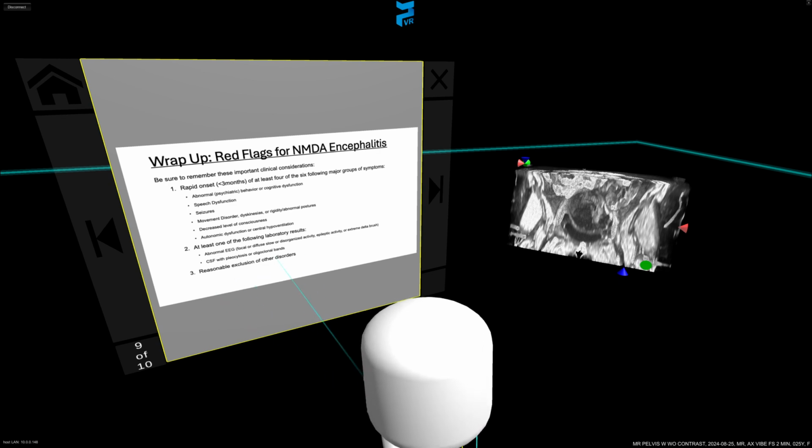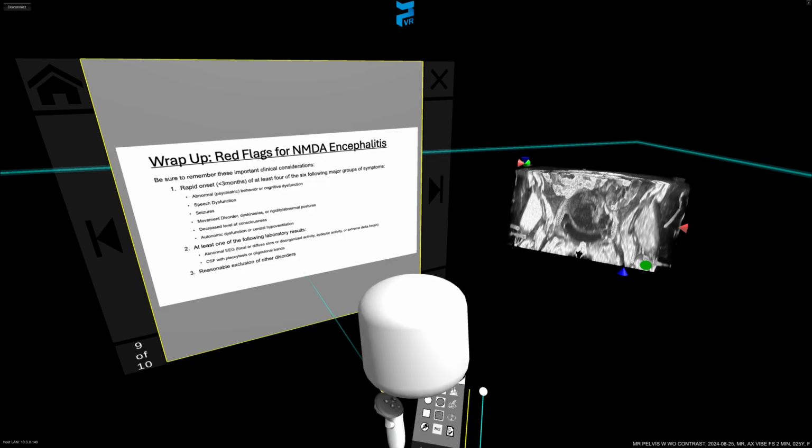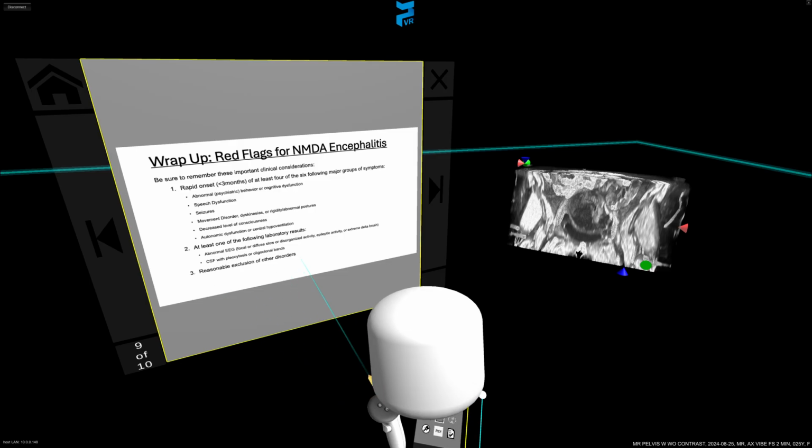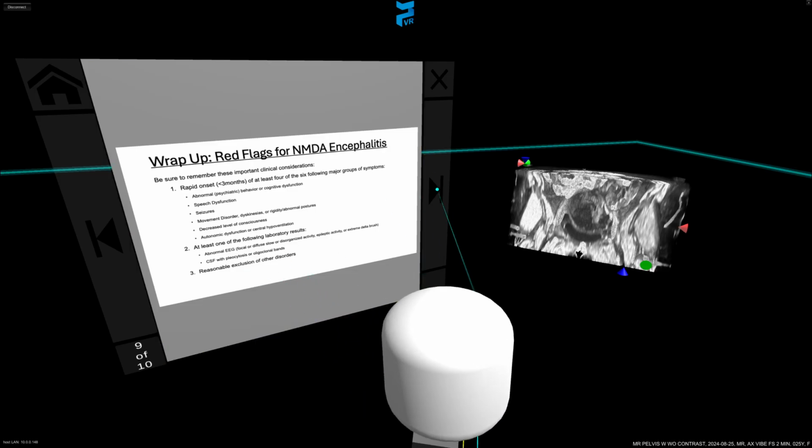It's also important to exclude other diagnoses like the ones that we had in our differential from the beginning of the case, like primary psychiatric disorders, viral encephalitis, and malignancy.